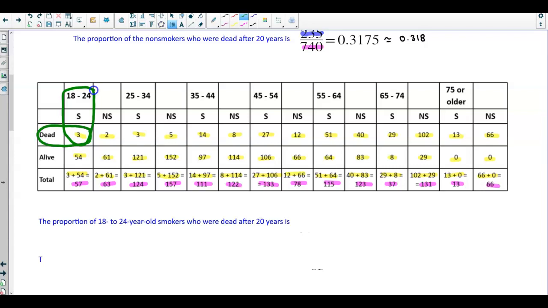And that number gives us 3. So 3 is going to represent the number in the numerator. And then we divide it by the total in that column, which is 57. So 3 divided by 57 gives us a decimal of 0.0526.